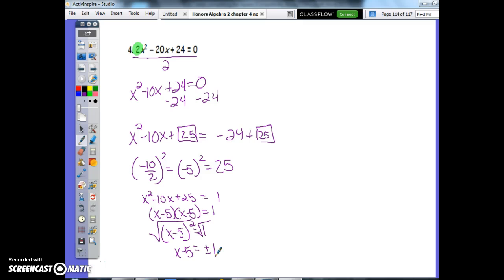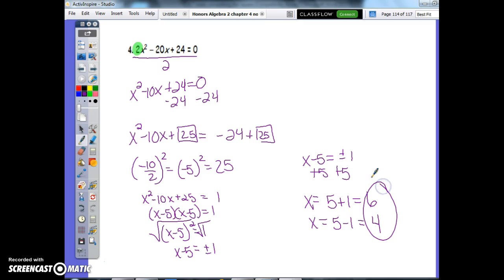Because the square root of 1 is 1, we have to have our plus or minus there. Add the 5 over. And again, you will get two real numbers. x equals 5 plus 1, which equals 6, and x equals 5 minus 1, which equals 4. These are my two answers, what x equals.